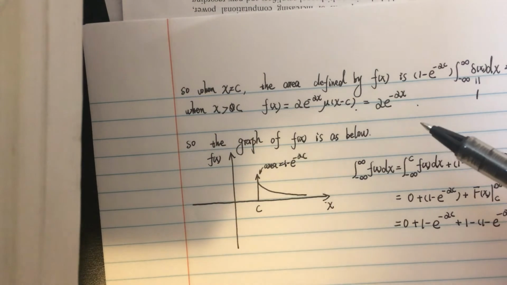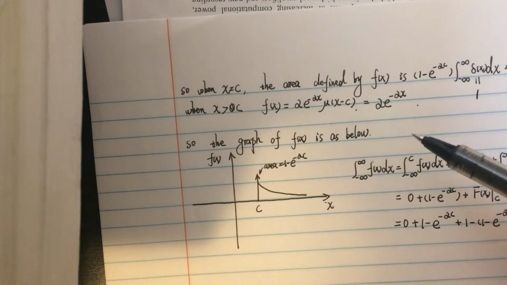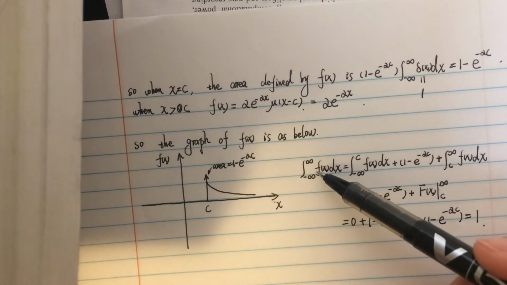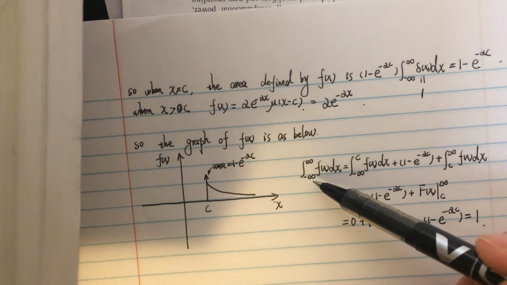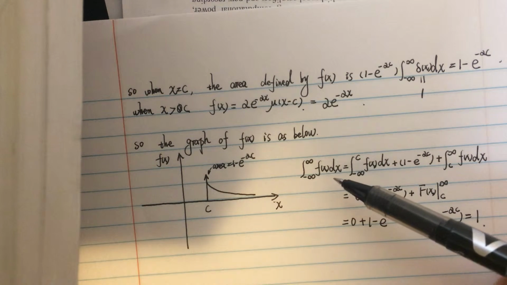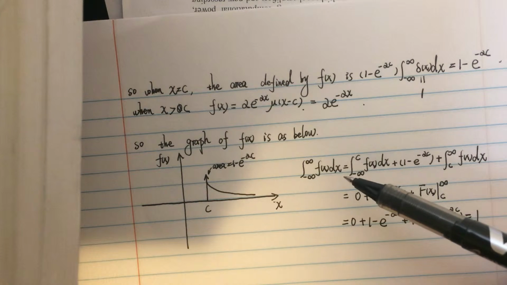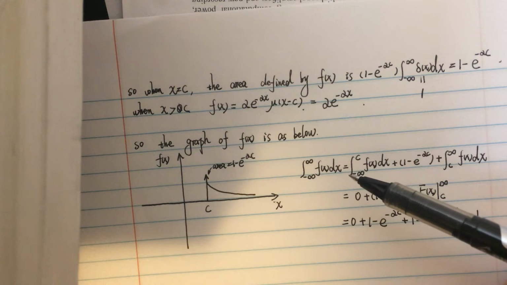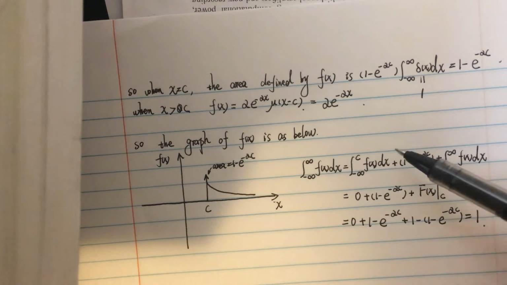In order to prove it is a probability density function, we integrate f(x) from minus infinity to infinity. We can split the integration into 3 parts.